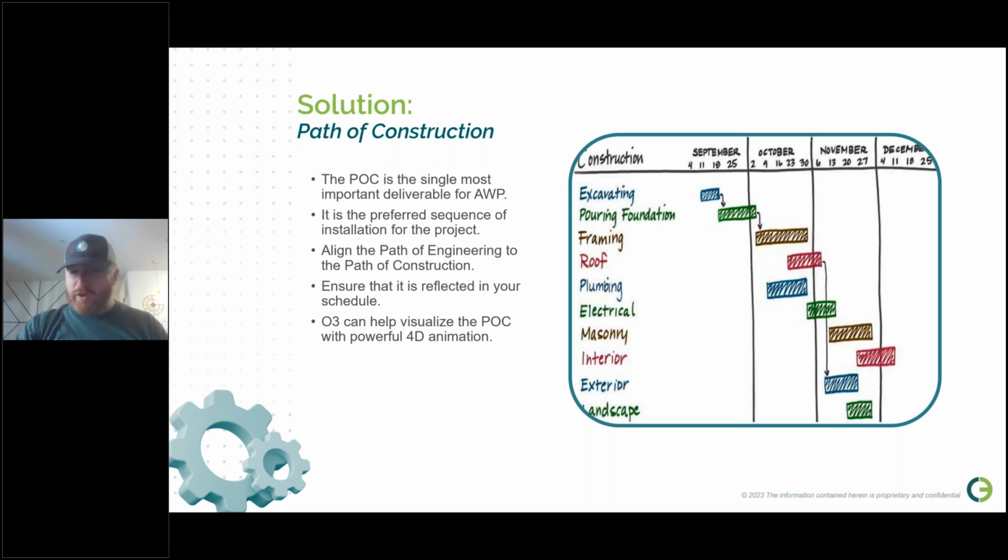Your path of construction by the end of the FEED stage should be Rev 10. You should always be looking to improve it during pre-FEED and FEED, or FEL2, FEL3. But by the time you get to the end of FEED, lock it down.